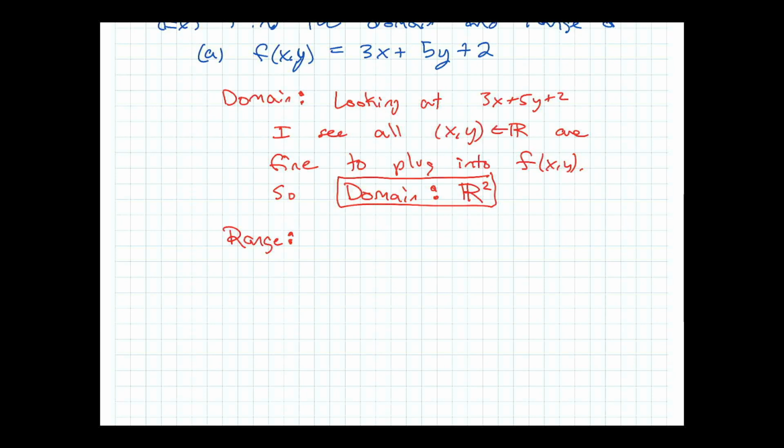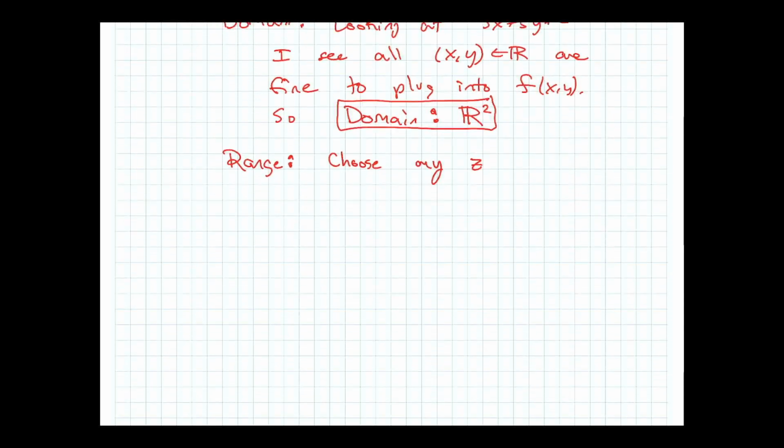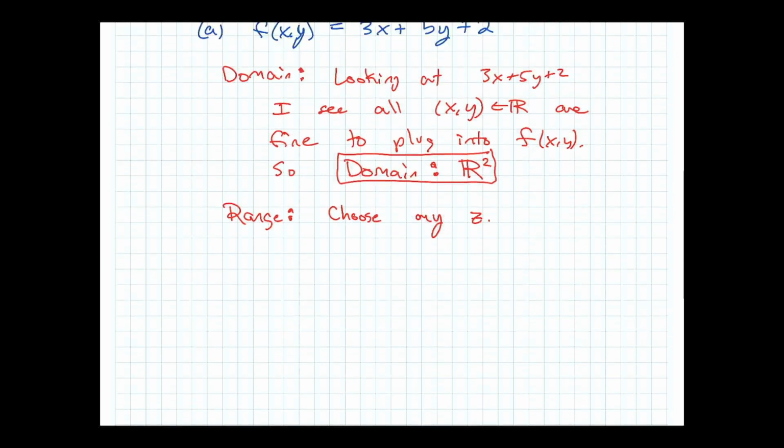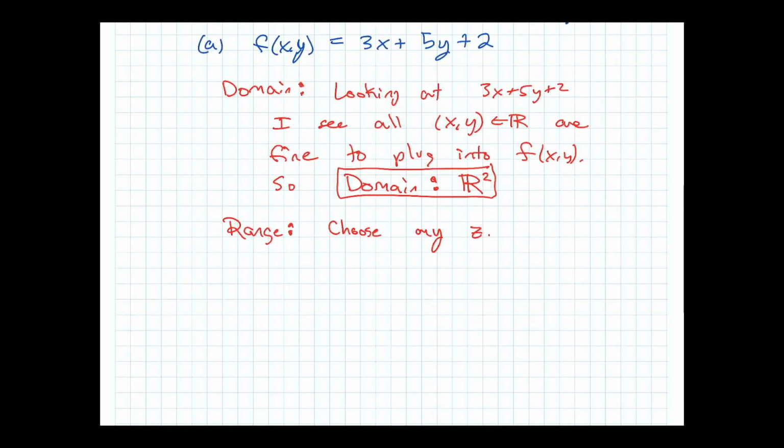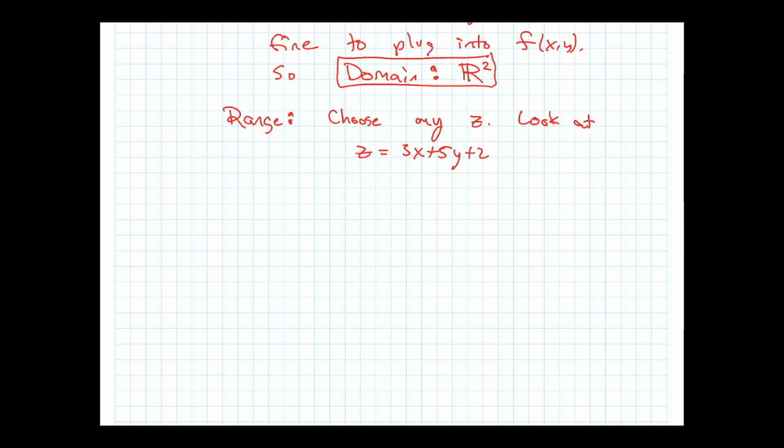So, choose any z, right? So choose any z. And then let's look at z equals 3x plus 5y plus 2. Now let's just choose y equals 0, because why not?